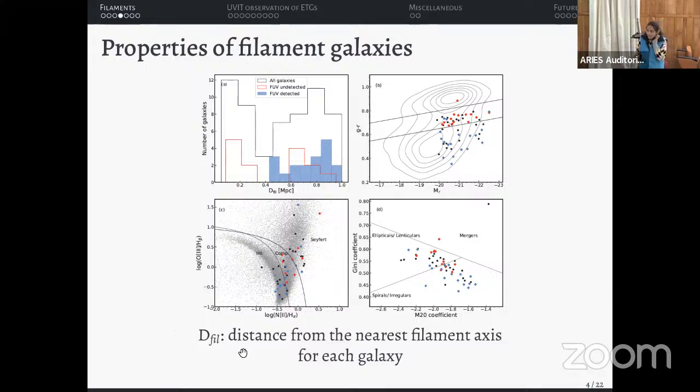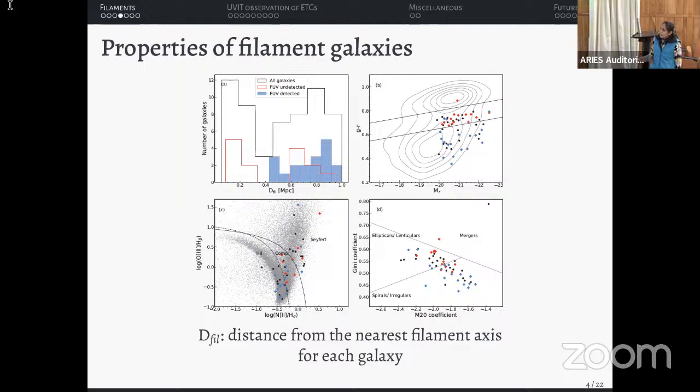This is the BPT diagram. It is used to classify purely star forming galaxies and galaxies with AGN hosts. Although it's sort of a mixed plot, most of the galaxies that were detected were star forming, although there are a few outliers.